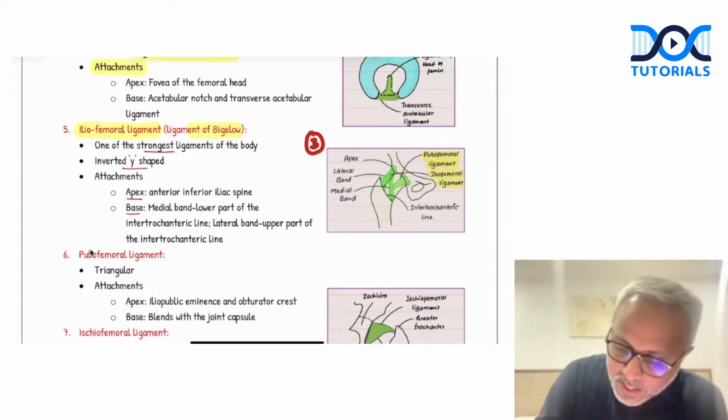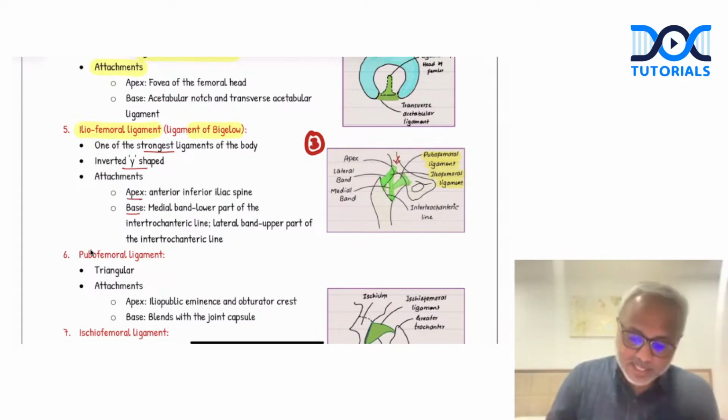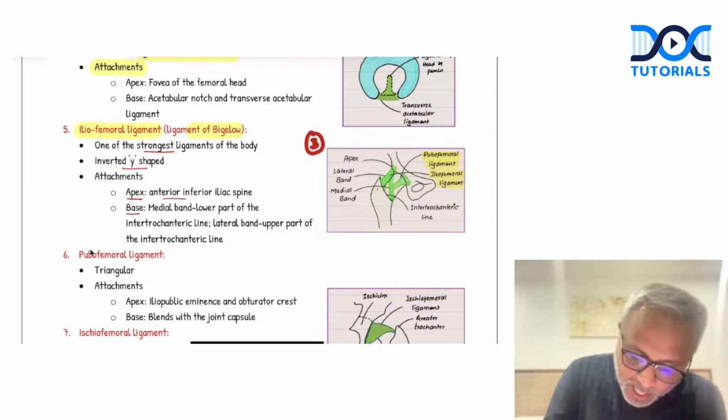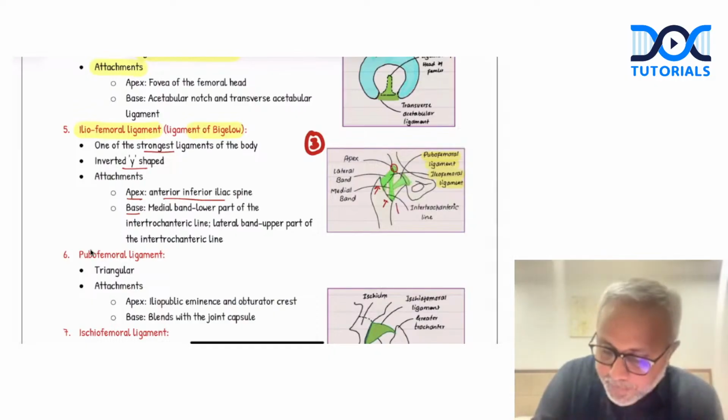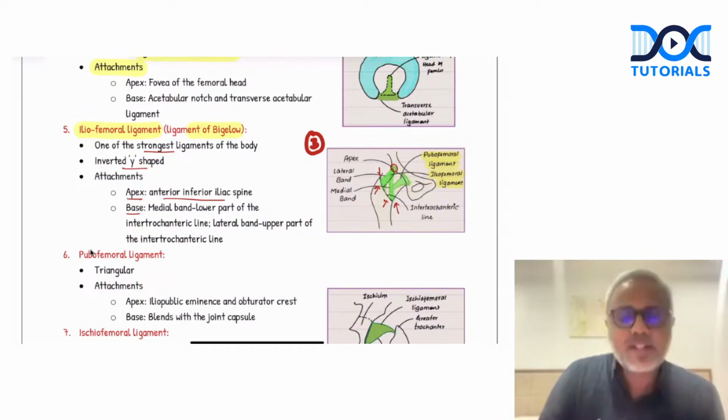If we see, the base gets attached to, just a minute. Here we have the base and here we have the apex. The apex is attached to the anterior inferior iliac spine. This is the apex. At the base, it splits into two slits, a medial and a lateral band.